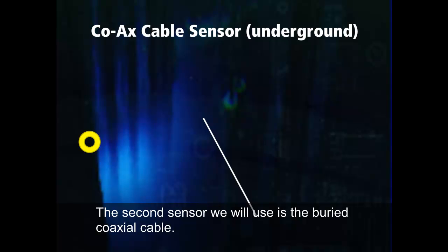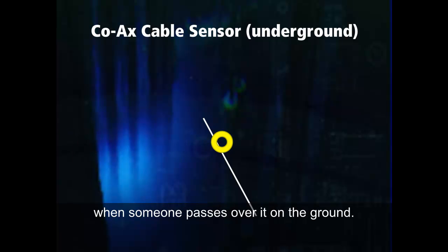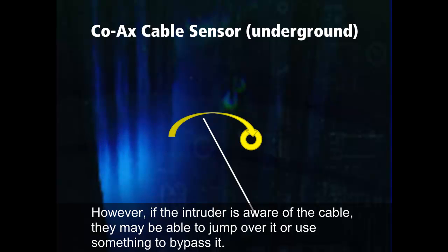The second sensor we will use is the buried coaxial cable. It will alarm with a probability of 70% when someone passes over it on the ground. However, if the intruder is aware of the cable, they may be able to jump over it or use something to bypass it.